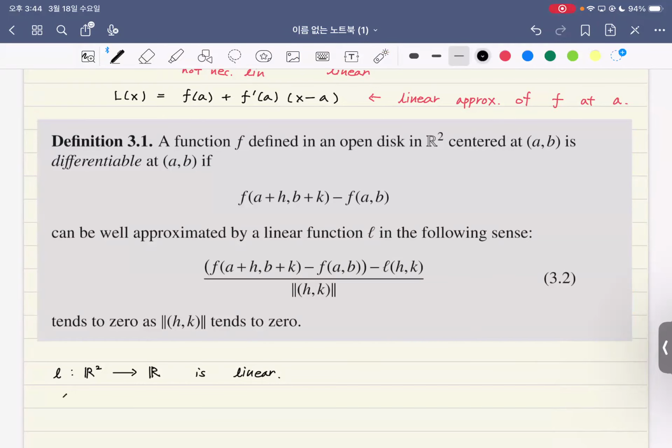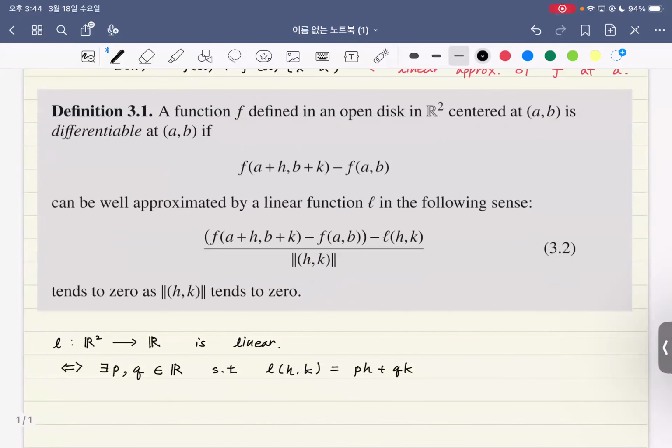I mean, for every linear function from R2 to R, there are two real numbers, p and q, such that L of h, k can be written as p times h plus q times k. So every linear function must be written like this. We proved this a long time ago.